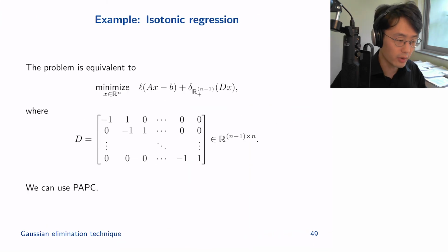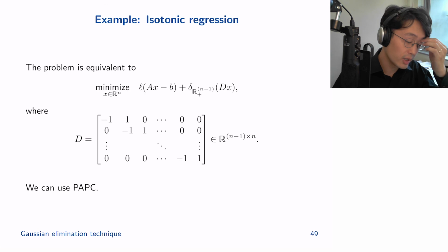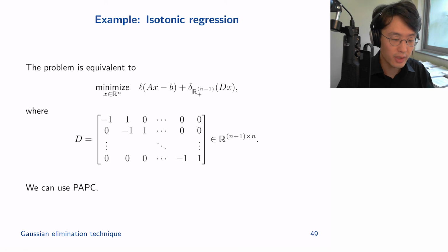Now here's another approach. What we can do is we can write the isotonic constraint in this form. So the original objective function is left as is, but now the isotonic constraint can be written using this finite difference operator. If you think about the meaning of the isotonic constraint, it means the individual coordinates are non-decreasing, they're increasing.